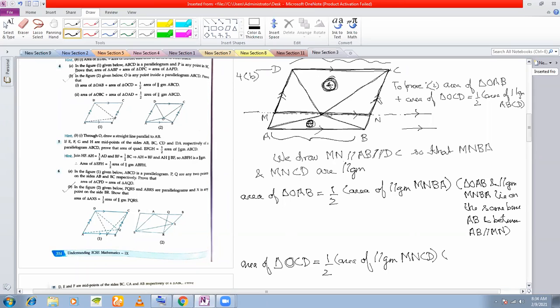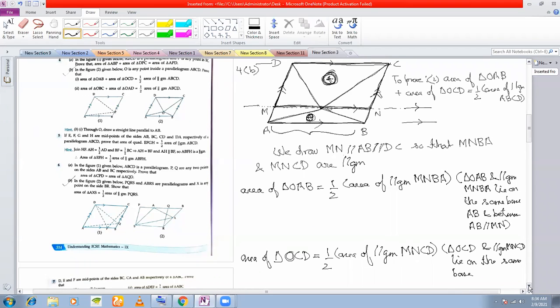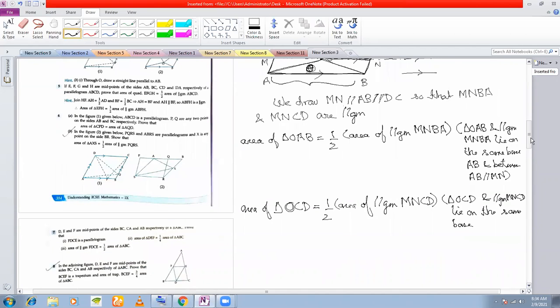We'll give the reason. Triangle OCD and parallelogram MNCD lie on the same base. What is the base here?